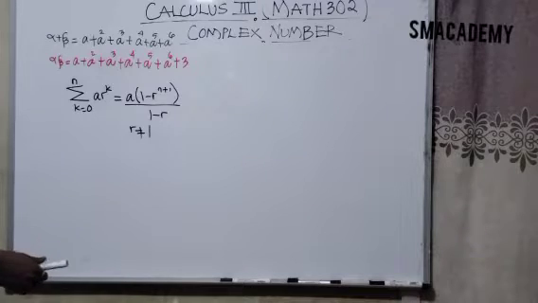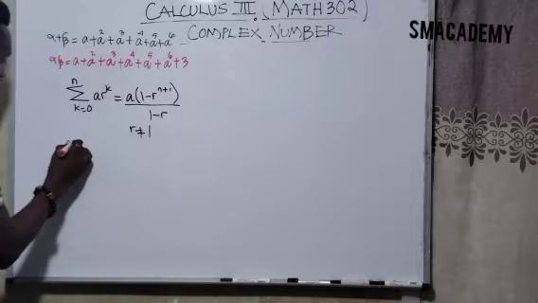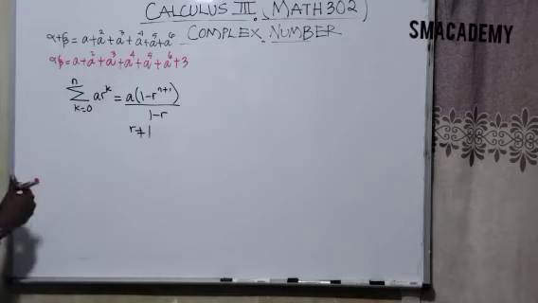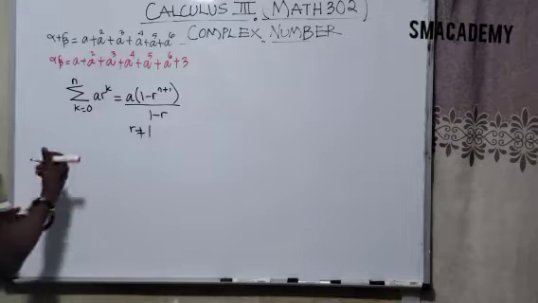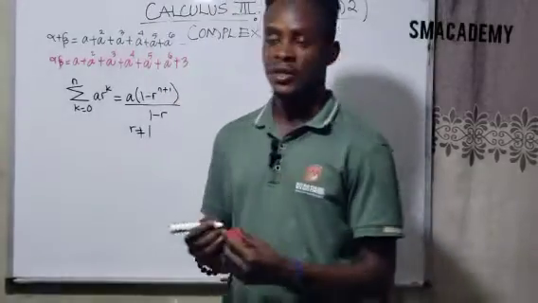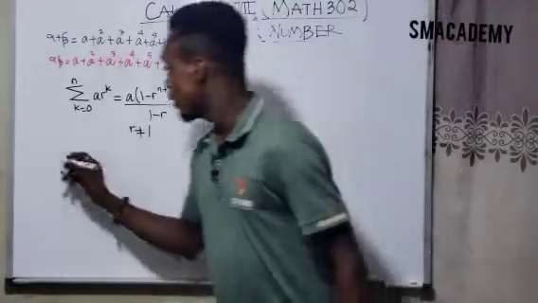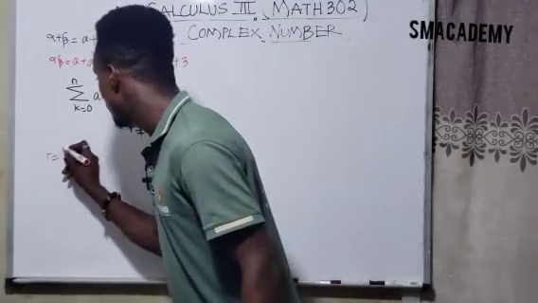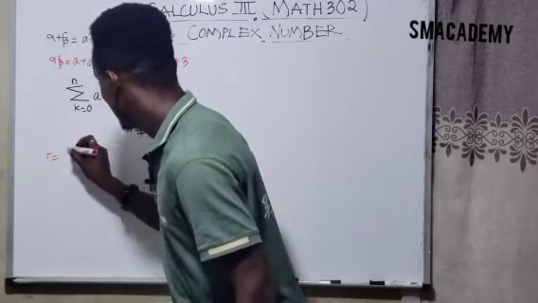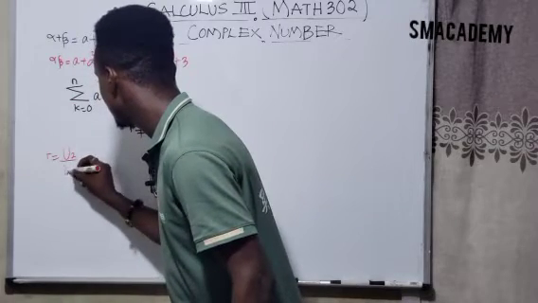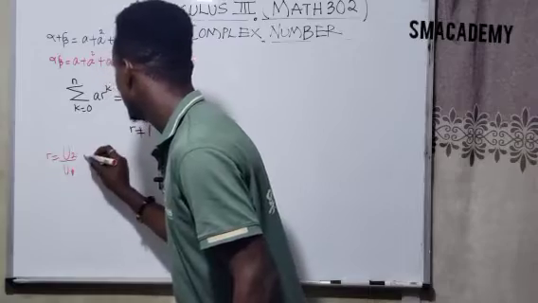So we can find a series. First, we have to find the value of r, which is the common ratio. In terms of geometric series or sequence, we said that the value of r, which is the common ratio, is the second term, u2, divided by the first term, u1.